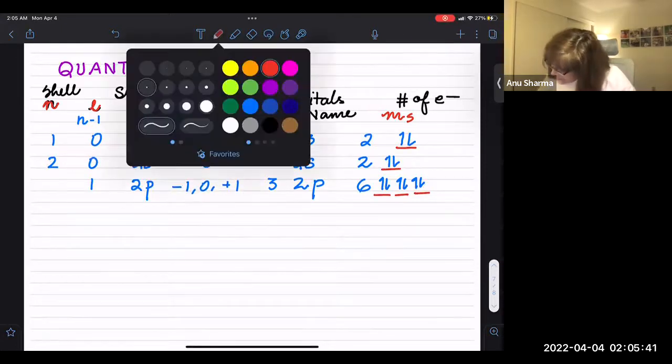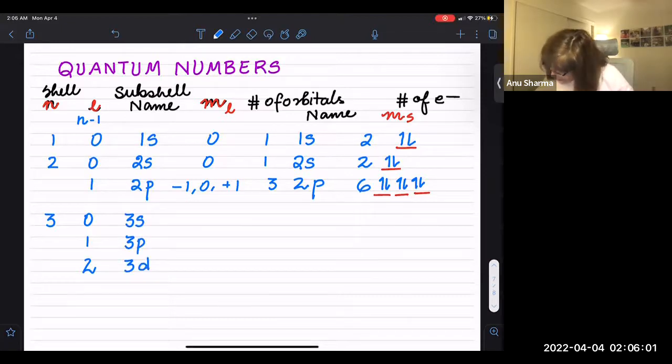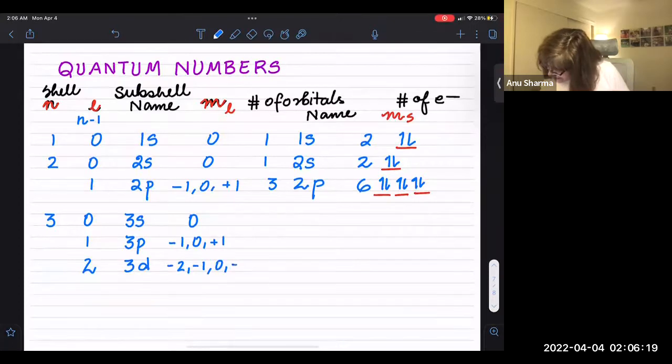Okay, next we are looking at the third energy level. So the values of L are 0, 1, and 2. The names of these subshells are 3s, 3p, and 3d. The ml values are 0; this one is minus 1, 0, plus 1, and this one is minus 2, minus 1, 0, plus 1, and plus 2.